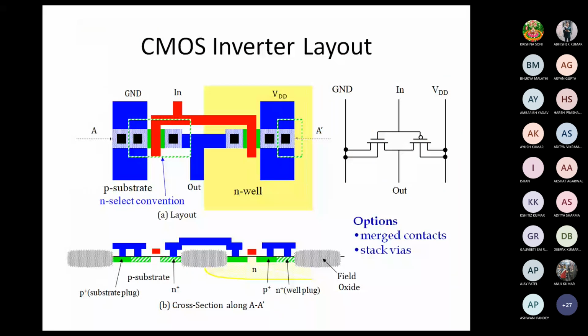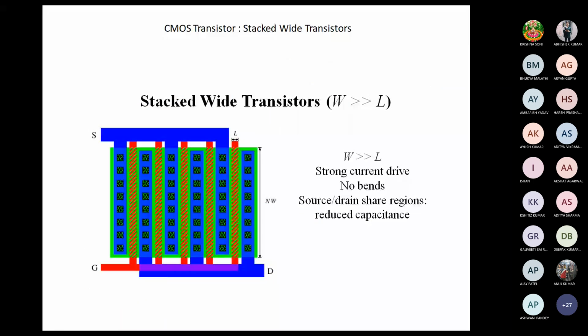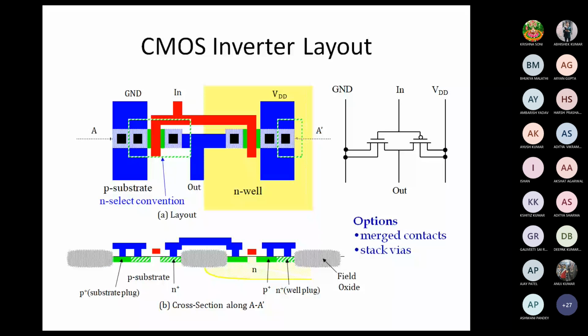Different views of the CMOS inverter are shown over here. One can try to understand that this is just a color coded CMOS inverter, and if we cut from here and see from the front side, then all the regions may be seen.